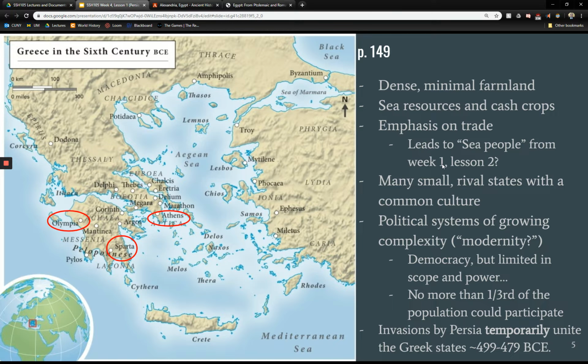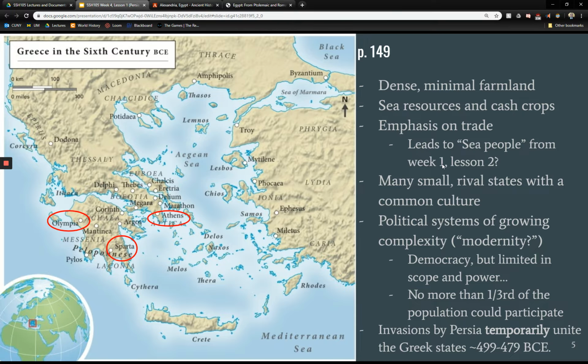So it is this outside force, this outside invasion, that causes some of the rivalries, like the one between Athens and Sparta, which are circled here, to kind of die down, at least temporarily, as the greater threat for some of these rival Greek states becomes this external enemy in the Persians. This is a common theme throughout history. We see this happen in other places.